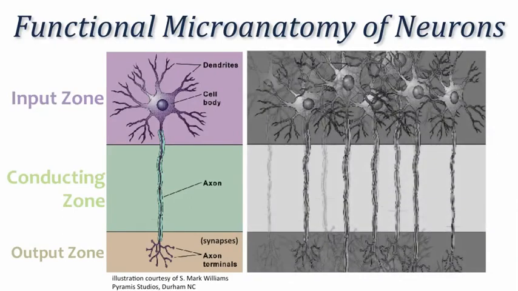And what I want you to appreciate about this parallel organization is that where we find the cell bodies and the dendrites, that is the input zone of one neuron, we'll find the input zone of many thousands of neurons that are arrayed in parallel in tissue, such as the cerebral cortex. And we have a name for this. We call this gray matter.